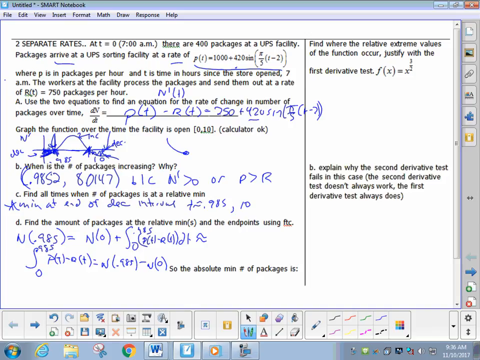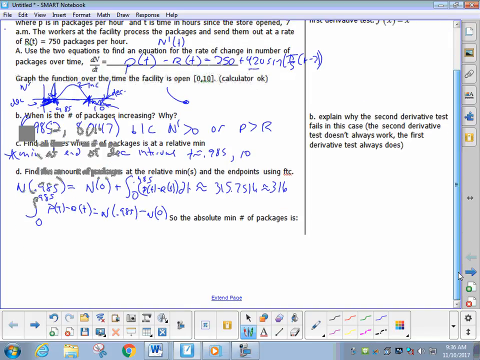I get roughly 315.7516, or 316 to the nearest package. Does that make sense in terms of how it relates to 400? Yeah, over that time frame I decrease, so getting a number less than 400 is totally logical.